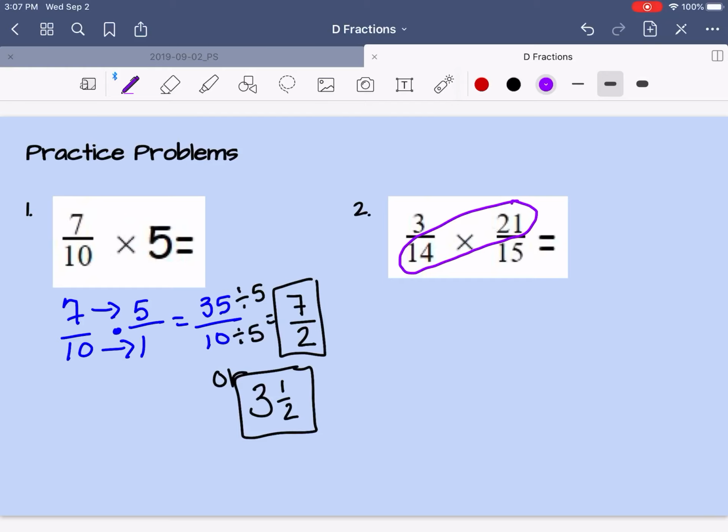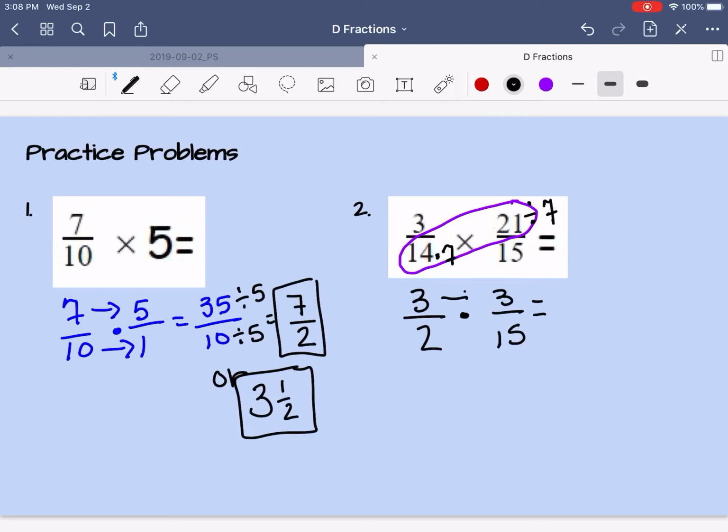So if we look at the diagonals, 21 and 14, well, I can divide 21 and 14 by 7. So I've got 3, and 14 divided by 7 is 2. 21 divided by 7 is 3. Those are much easier numbers.